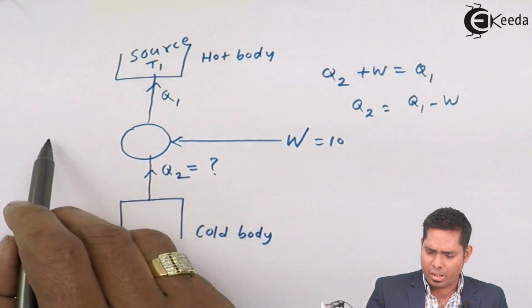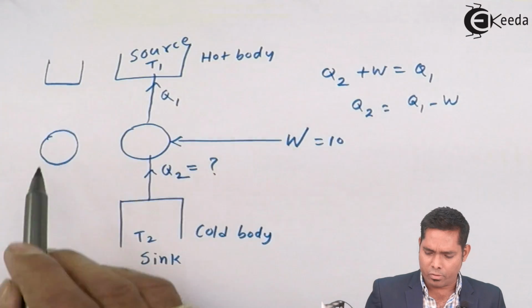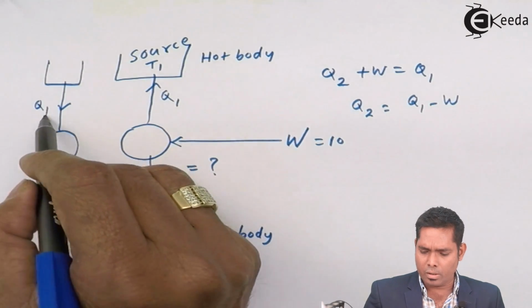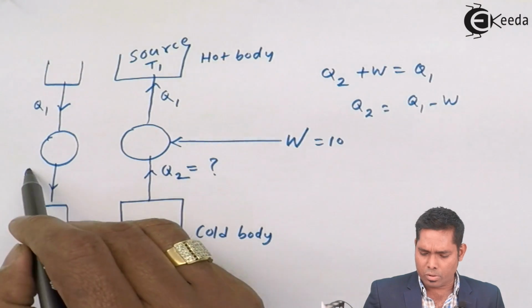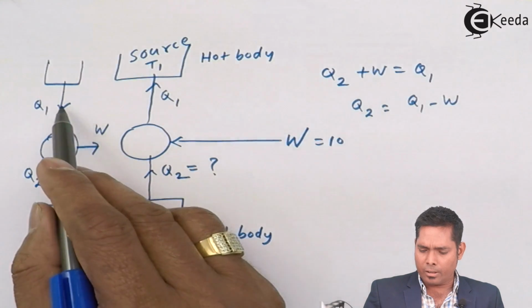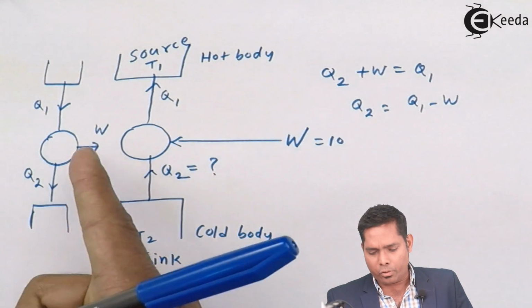The heat engine is actually working in the reverse direction of the refrigerator. Here, it takes the heat Q1 from the hot body, rejects some part of the heat to the surroundings, and work is done. Here the direction is reversed. You get output here.